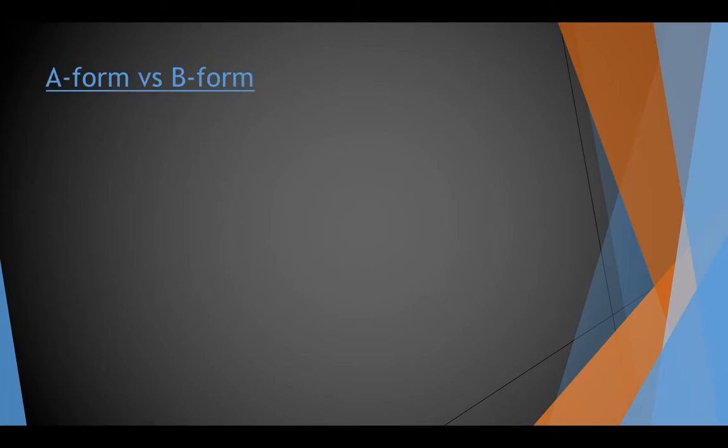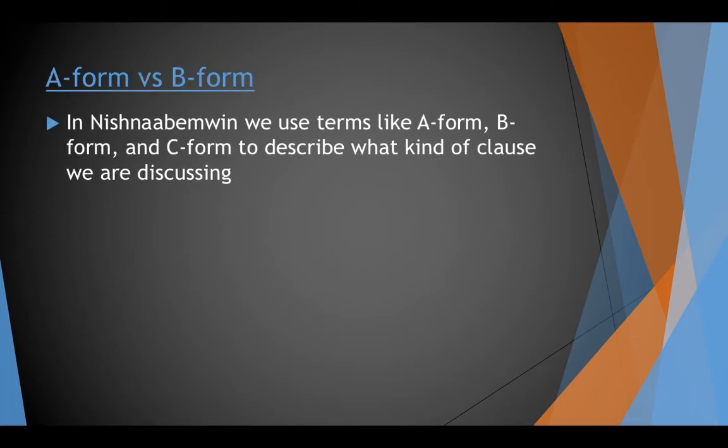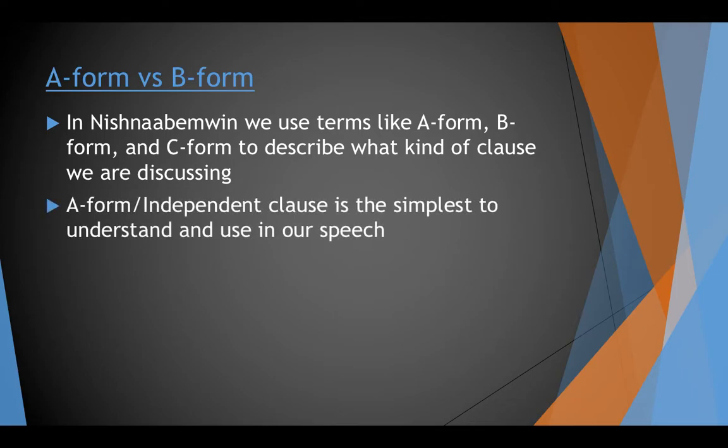So A form versus B form. In Nishnaabemwin, we use terms like A form, B form, and C form to describe what kind of clause we are discussing as language learners. A form independent clause is the simplest to understand and use in our speech. They're just simple sentences.